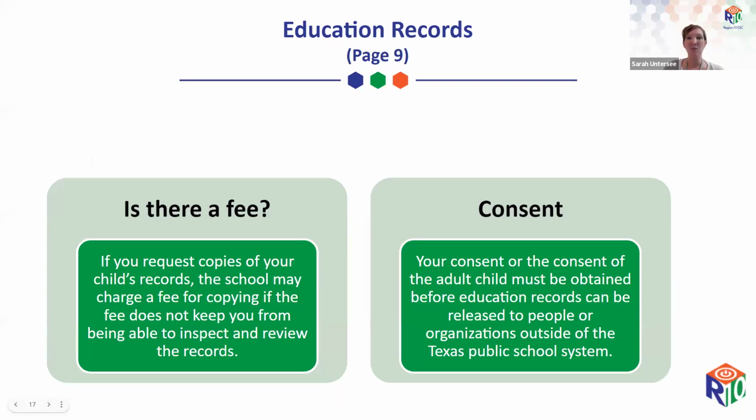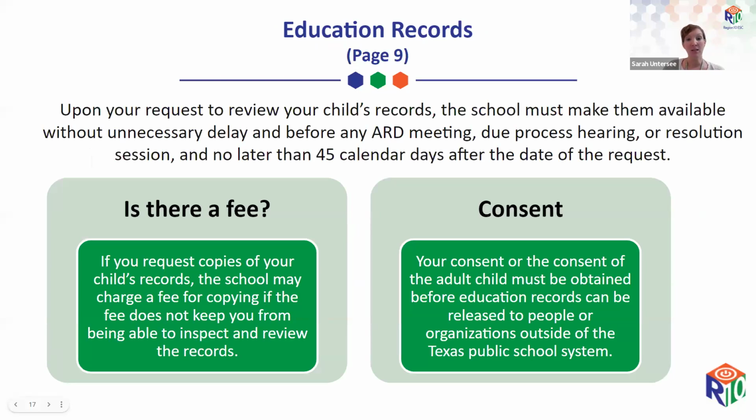Okay, page 9, we move on to educational records. So upon your request to review your child's records, the school must make them available without unnecessary delay and before any ARD meeting, due process hearing, or resolution session, and no later than 45 calendar days after the date of the request.